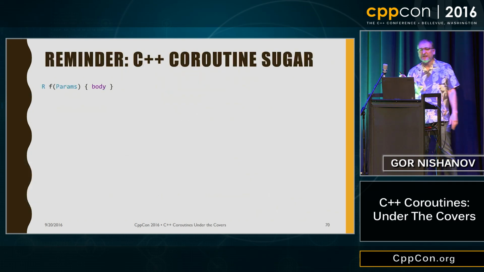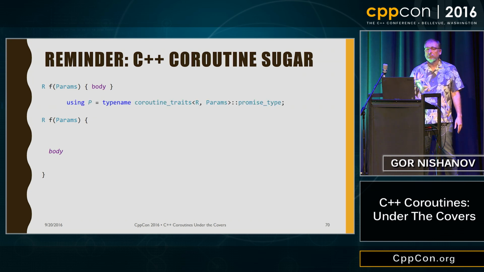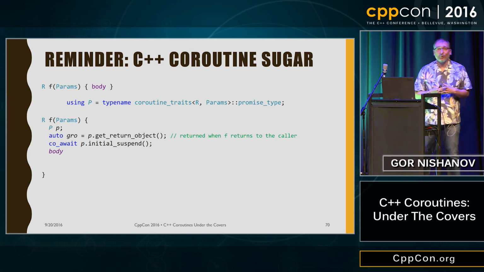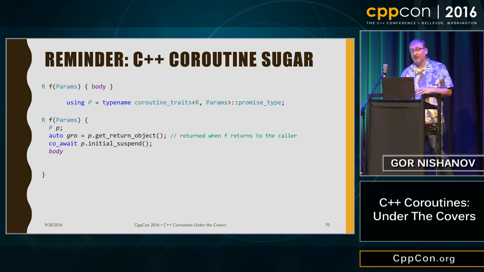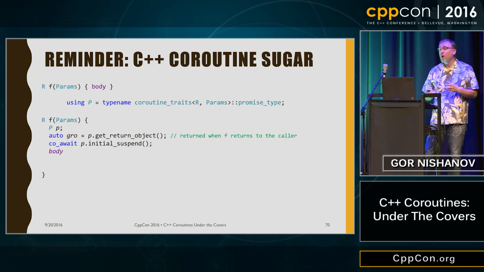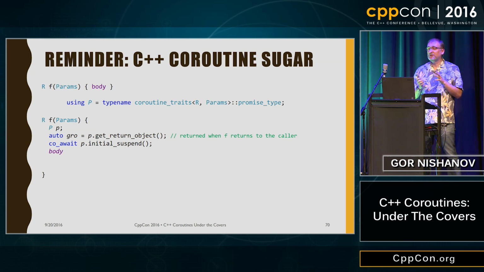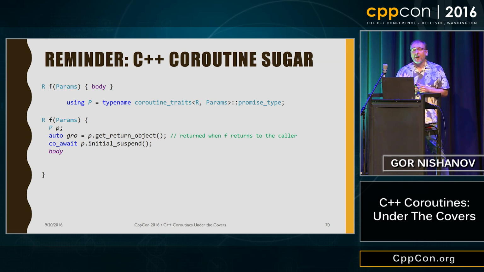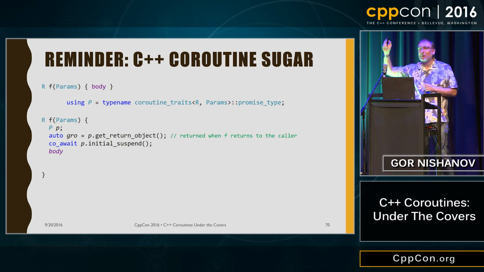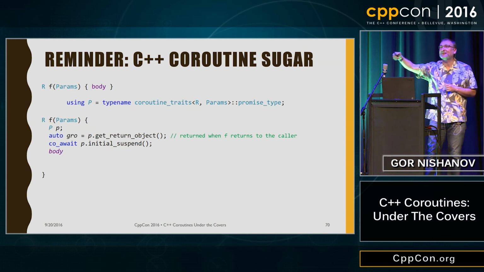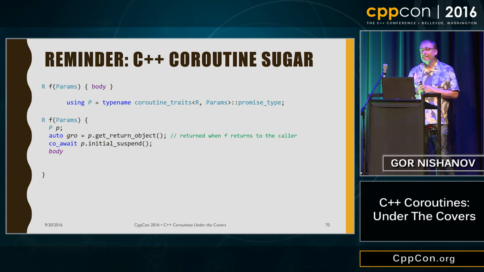And this is a brief reminder of the sugar that coroutines are doing. And those who were at the talk earlier this morning, they recognize that. For those who don't, this is the part which is done by Clang. So when somebody gives us a coroutine with this body, the compiler will discover coroutine traits, find the promise type, which is the library customization machinery for the coroutine.